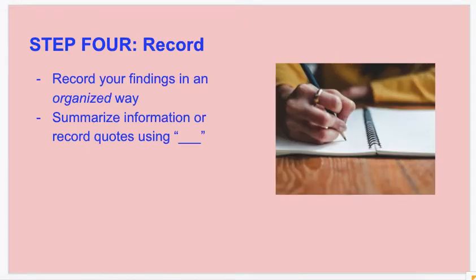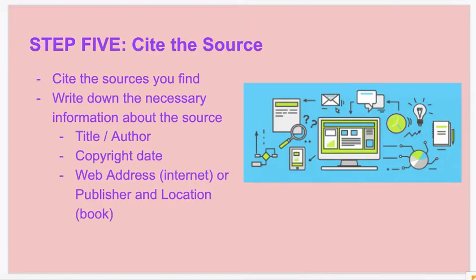As you're conducting research, make sure that you write down the information you're learning and organizing it so that you can find it later. And step 5, cite your source. It's not okay, it's actually illegal to take information from a source without giving them credit or props. So be sure to write down the title and author, copyright date, and the web address if you're using an online source.